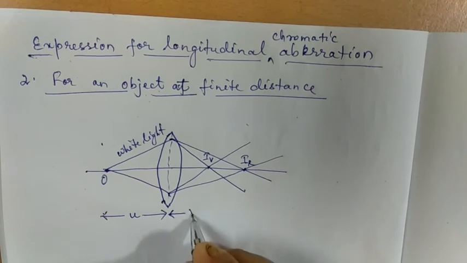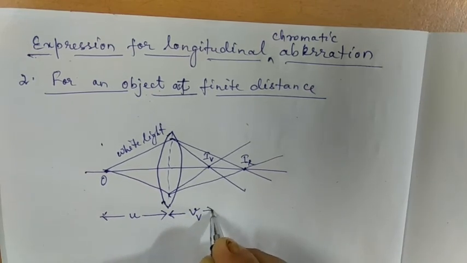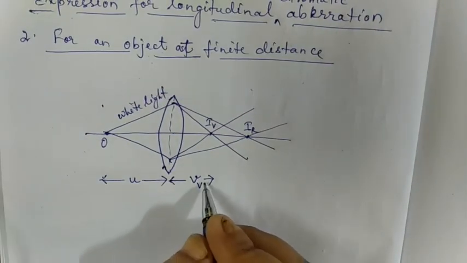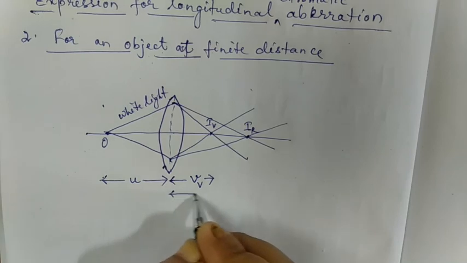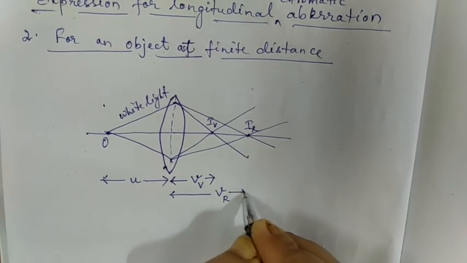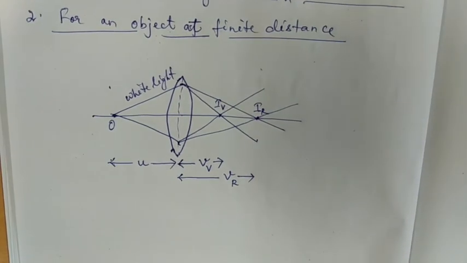Let's say this is VV, the image distance for violet color, and this is VR, the image distance for red color.